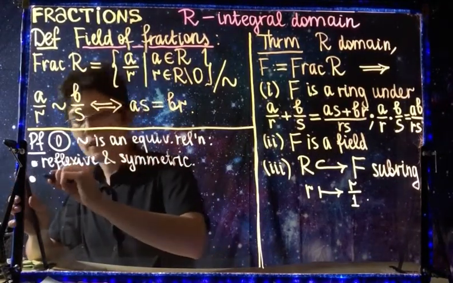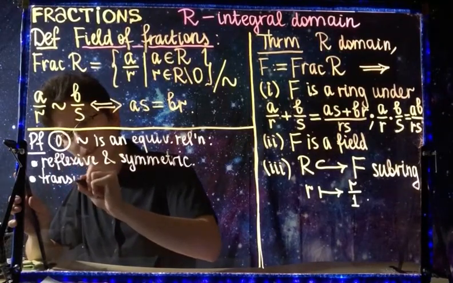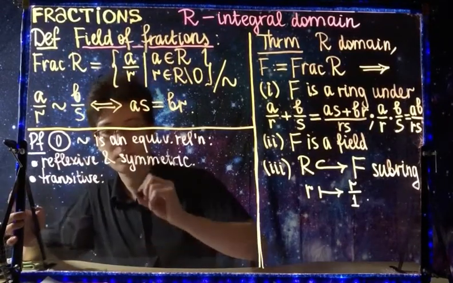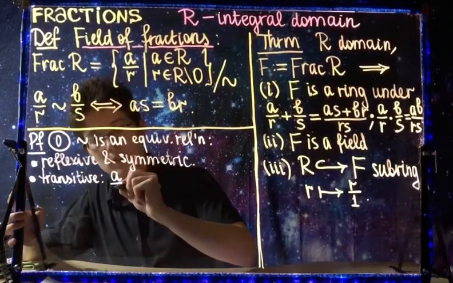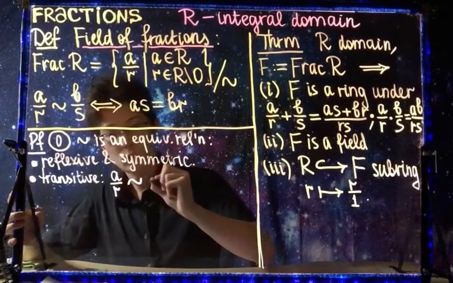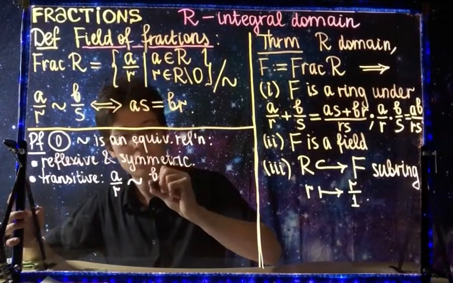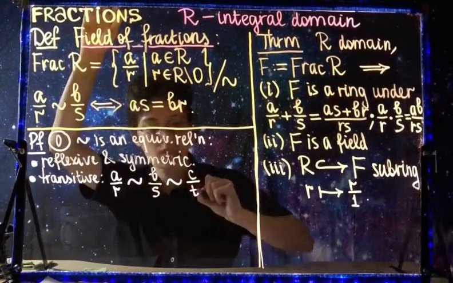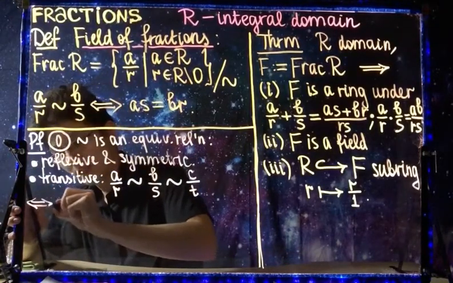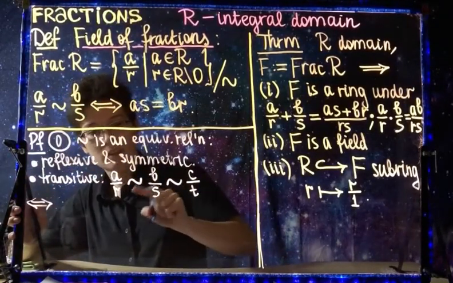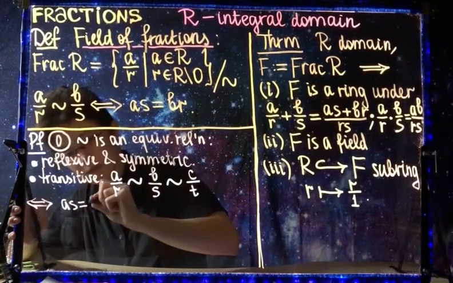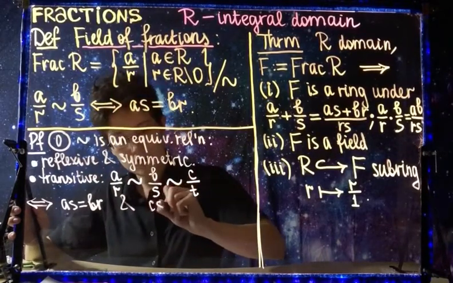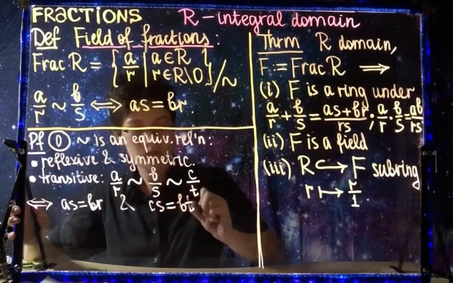It is less trivial to check that it is transitive. So let us assume that we have A over R, which is equivalent to B over S, and B over S is equivalent to C over T. It is the same as saying that AS is equal to BR, and CS is equal to BT.